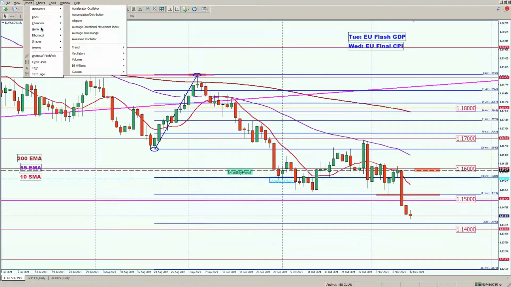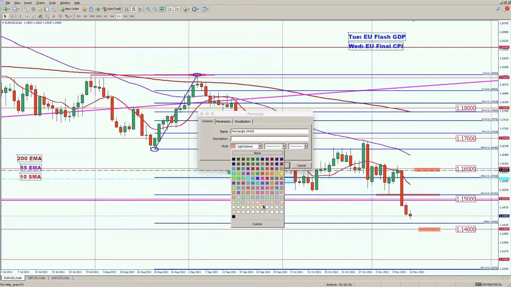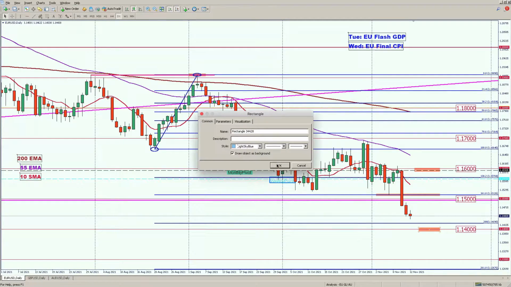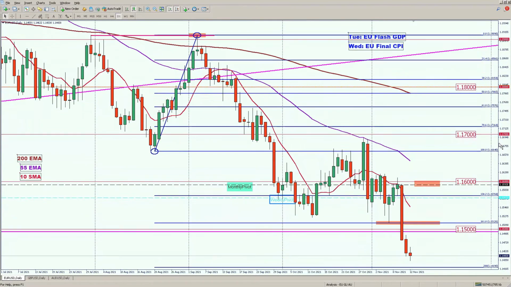And we can mark the support zone at the 114.